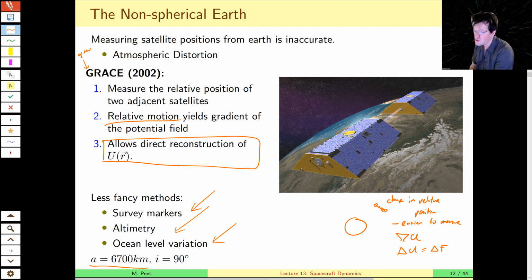Now the difference in drag between these two satellites is negligible, and so we can measure the field at a much lower altitude. Also they are polar, so that you can sweep out the entire Earth. The Earth rotates under them, and so you get to map out the entire potential field.